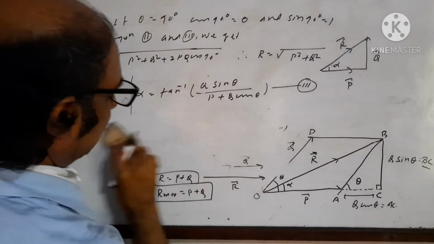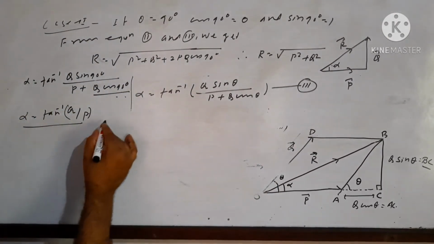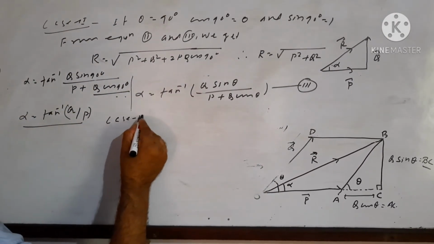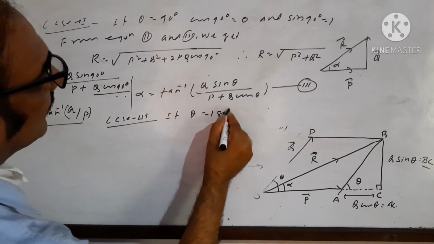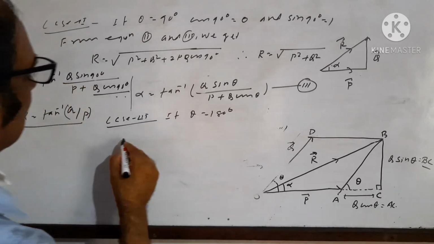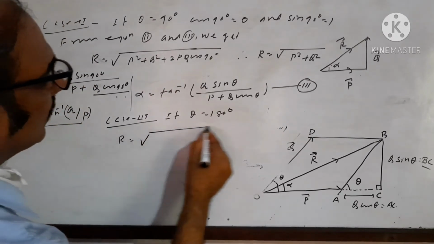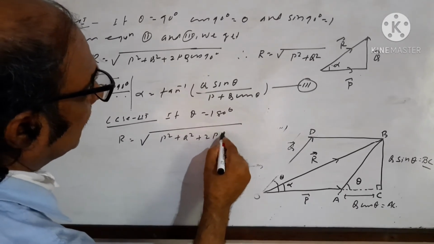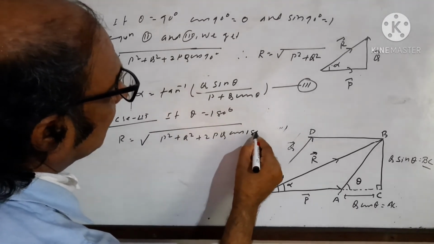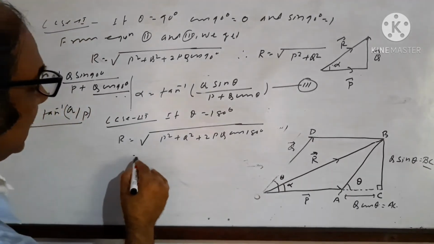Now come to case 3. Case 3, if theta equal to 180 degree, then R equal to under root P square plus Q square plus 2PQ cos 180, and cos 180 is minus 1.